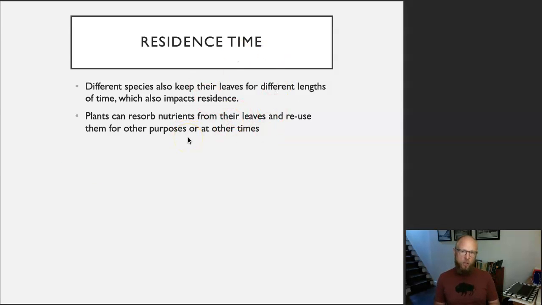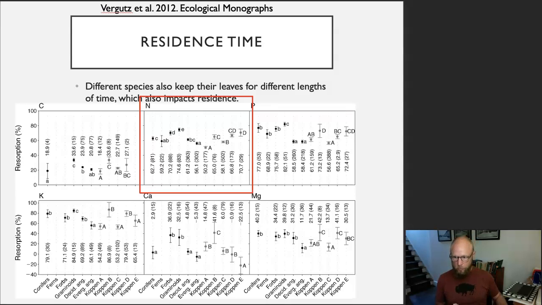The other component of residence time is what percentage of the nutrients are resorbed out of the leaves before they're senesced. So this figure shows the resorption of lots of different nutrients: carbon, nitrogen, phosphorus, potassium, calcium, magnesium. I'm going to just focus on nitrogen because that's what we're focusing on right now.